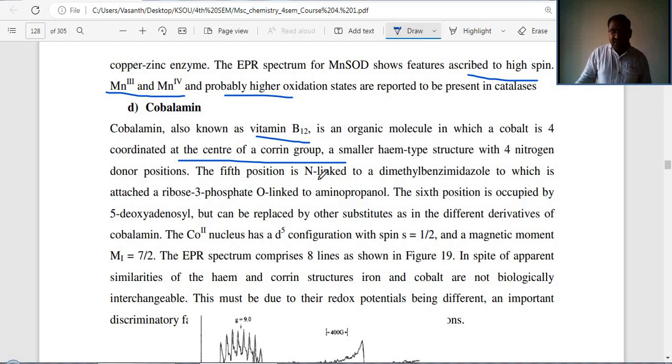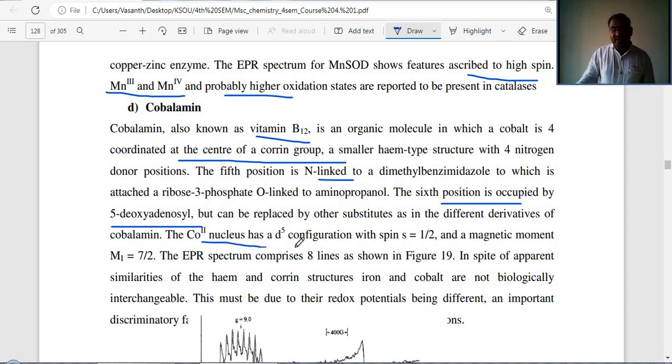The 5th position is N linked to dimethylbenzimidazole, which is attached to ribose 3-phosphate, oxygen linked to aminopropanol. The 6th position is occupied by the 5-deoxyadenosine, but can be replaced by other substituents as in the different derivatives of cobalamin.